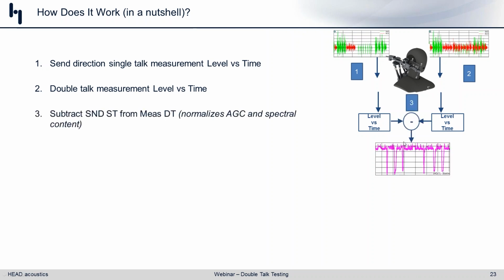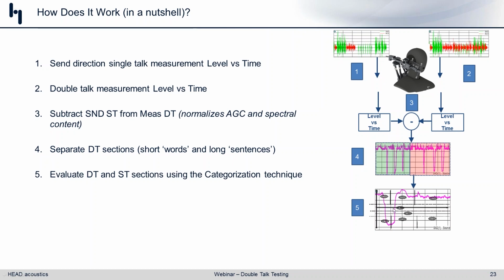So now we have the level versus time for our baseline and single talk. We have our level versus time analysis for our double talk performance. We do a subtraction to normalize things out. And then we can start to look at each double talk section. So we split it up into the bargain section, which is these 15 or so seconds here, and the last 15 or so seconds will be the full long sentences of double talk.